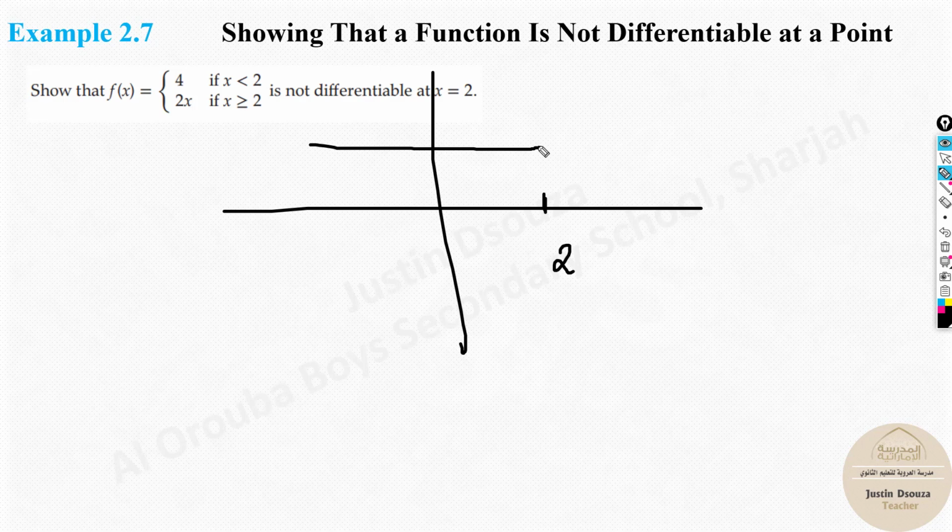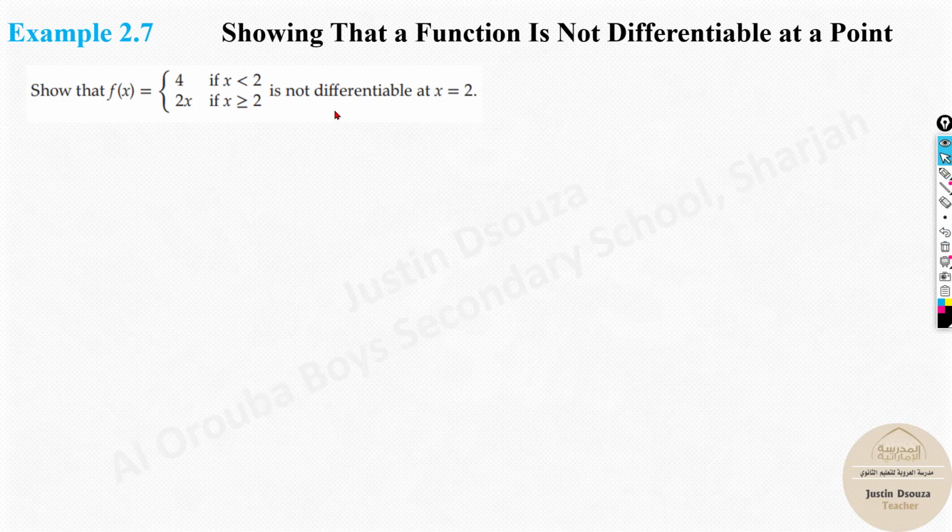But when it's greater, you can see it's going straight upwards. So you can see there's a sharp corner. Whenever there's a sharp corner, there's no derivative, there's no tangent. You can't draw a tangent to a sharp corner. It should be a curve only, right? So that means there is no derivative, and you can't differentiate this.